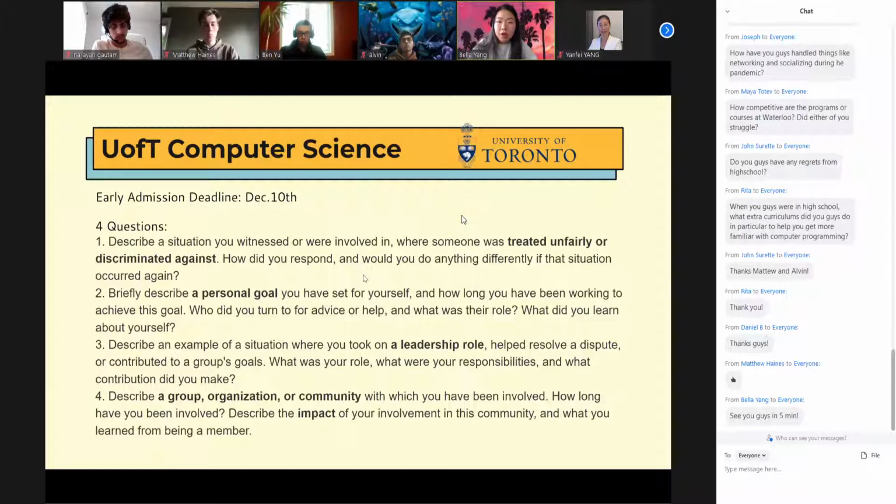First, it asks you to talk about how you react in a fair or discriminated environment. Second is a personal goal, and then it's a leadership role. Last but not least, you will be asked to talk about your impact in an organization or community, such as a club, or in this case, my impact in YSBC or different other organizations.